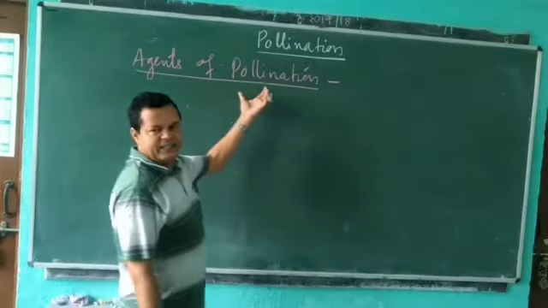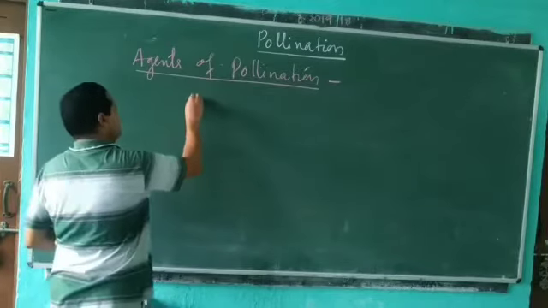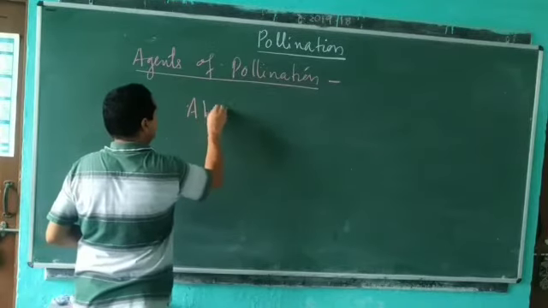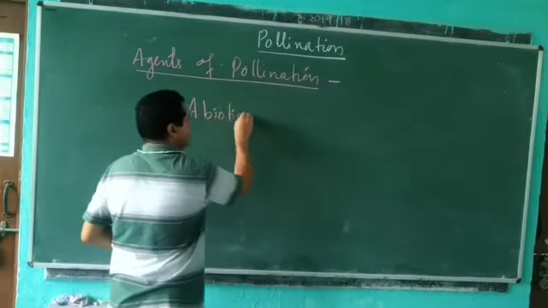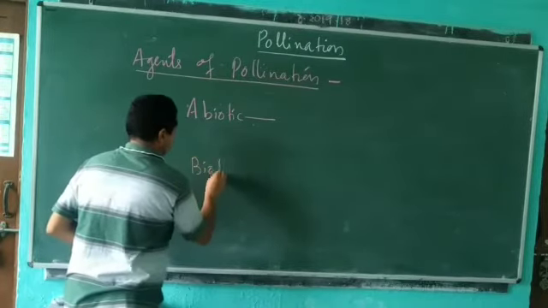Broadly, we can divide these agents of pollination into abiotic agents and biotic agents.